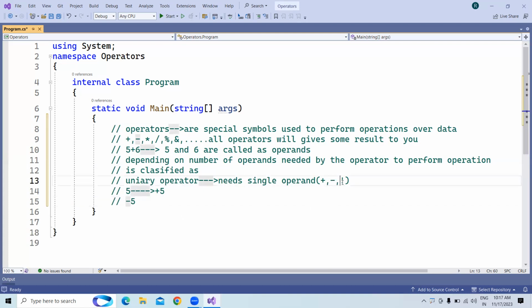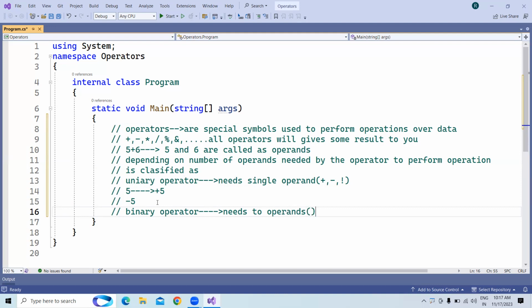In the same way, we have the not operator, the logical not. The second type is binary. A binary operator needs two operands to perform its operation.